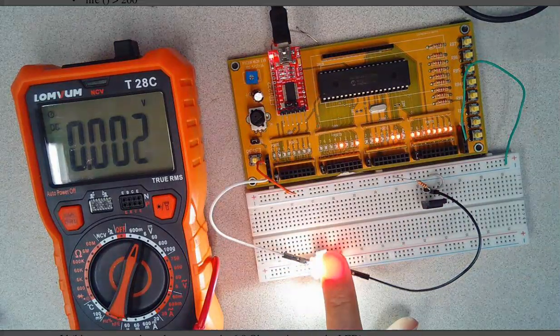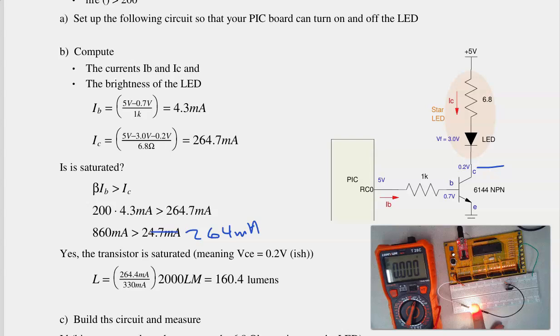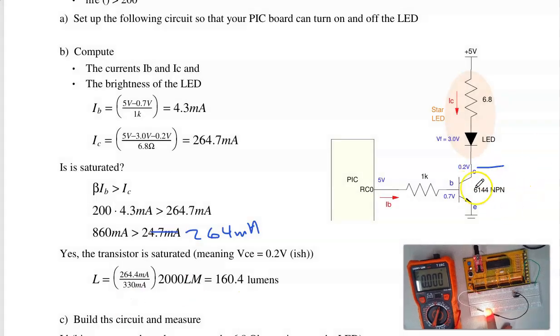Now to saturate, I want the voltage across the transistor to be close to 0, but not quite. It won't be exactly 0. In electronics, we say when you're saturated, you're roughly 0.2 volts. I measure 0.022 volts, which is better than what it should be. It's close to 0, but not quite. It is saturated.